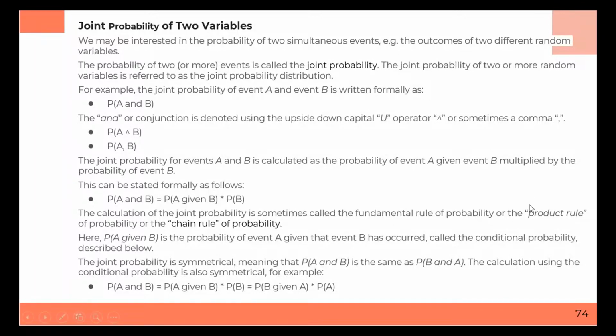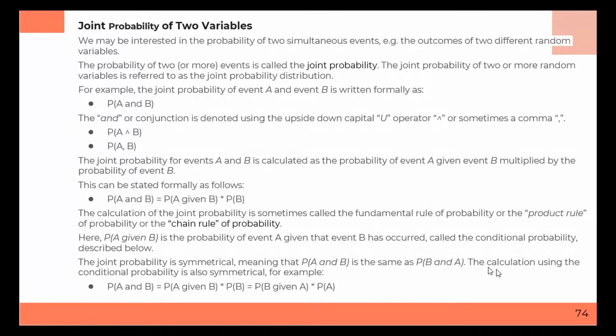All right. B has occurred, called conditional probability, described here. A joint probability is symmetrical, meaning that probability of A and B jointly is the same as probability of B and A. That is why we are calling them symmetric.